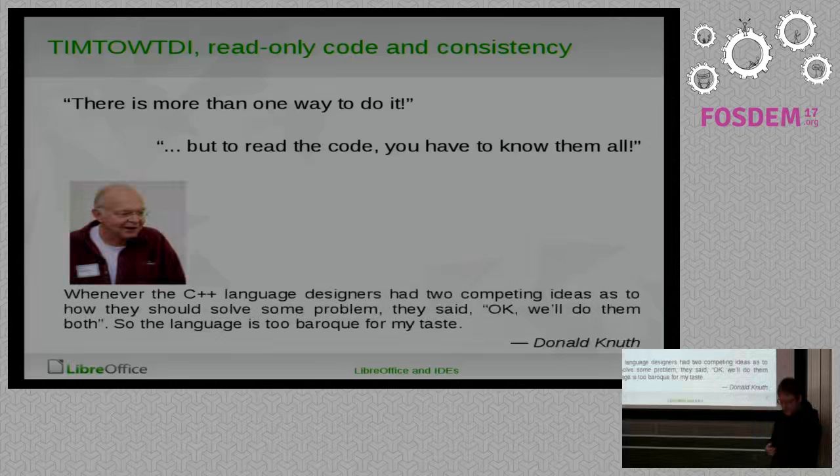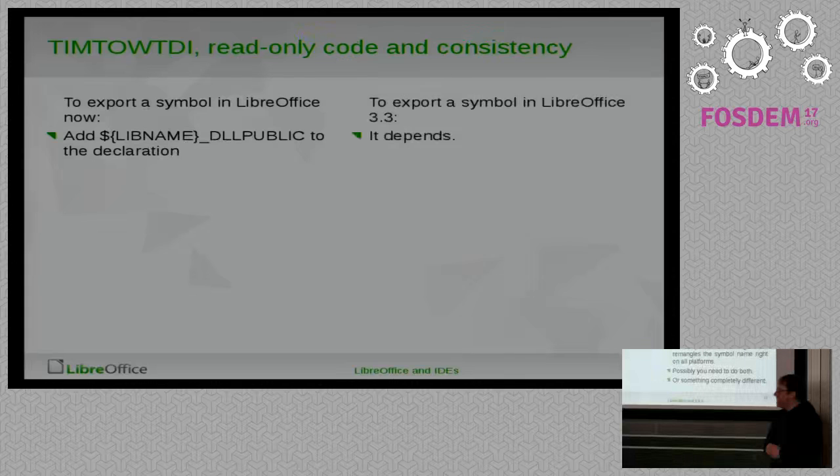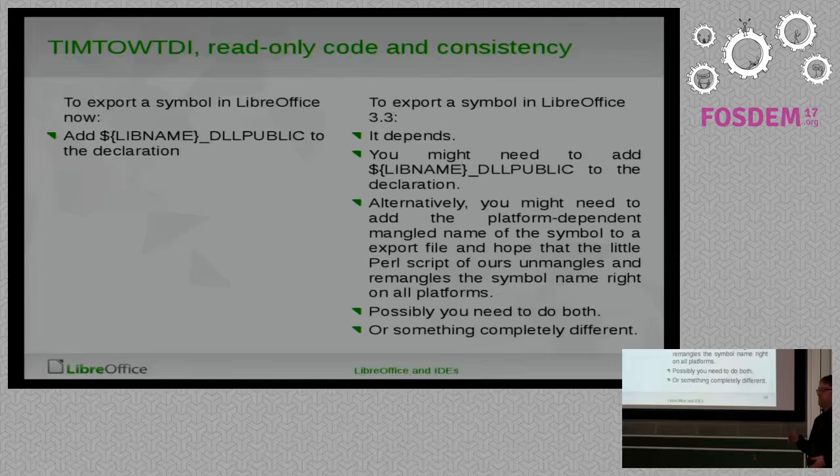And again, by now, if you want to, for example, export a symbol in LibreOffice, you do something simple like this. You add something DLL public to the declaration, and then the symbol is exported. In OpenOffice, you could have multiple ways to do that, and every one would cause interesting, slightly different effects. So again, it was troublesome.